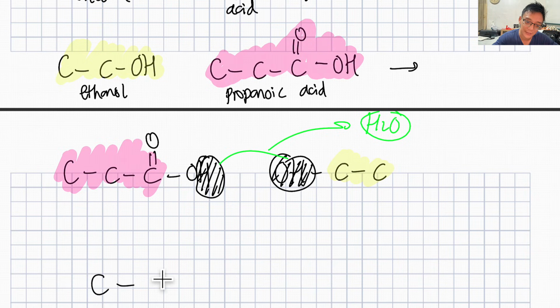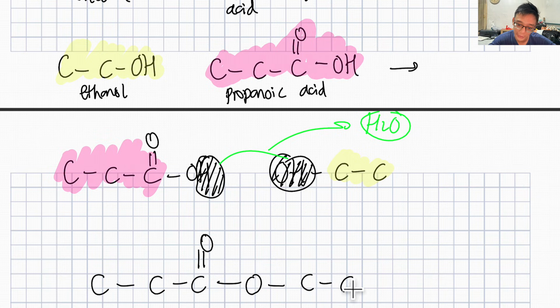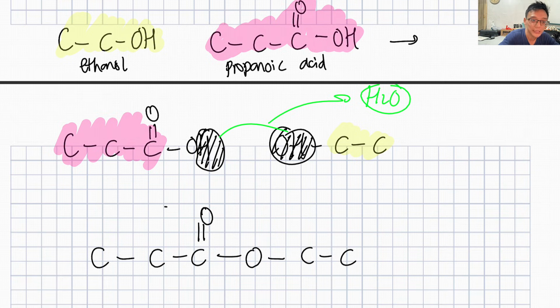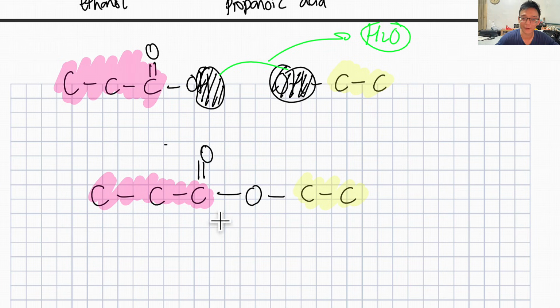So it will be C, C, C double bond O, one more oxygen, and this oxygen already lost hydrogen, so it has one empty arm, carbon and carbon. You see that this part here, the 3 carbon, comes from the propanoic acid, and these 2 carbon come from the ethanol. So this is called ester.